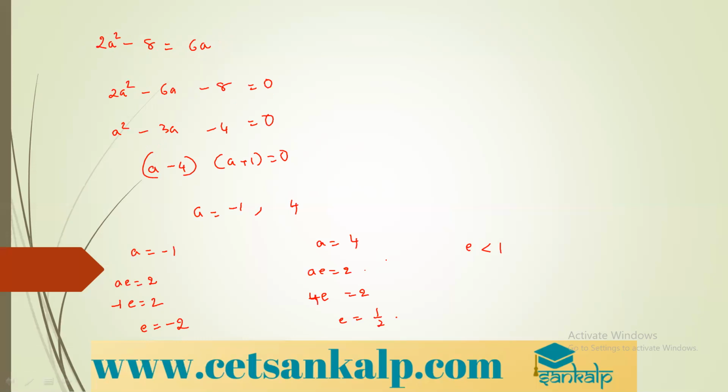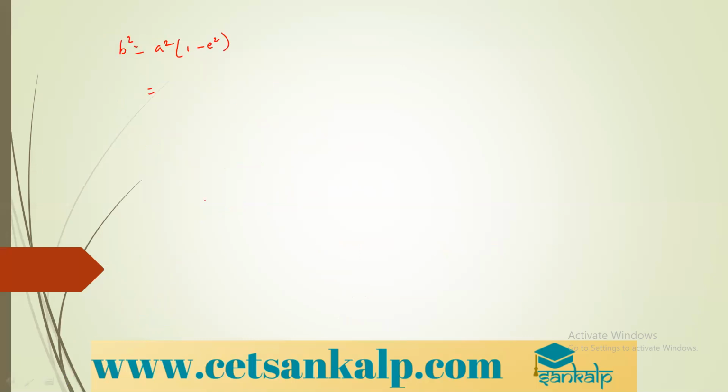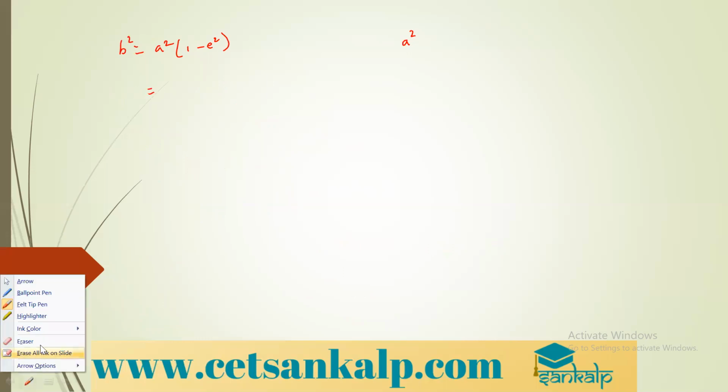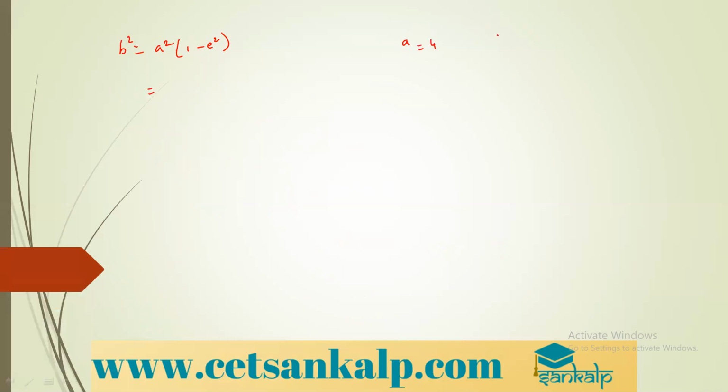E has to be less than 1 and greater than 0. So I will not take this case. I will take A equal to 4 and E equal to 1 by 2.